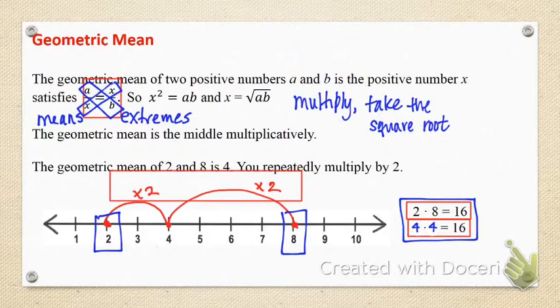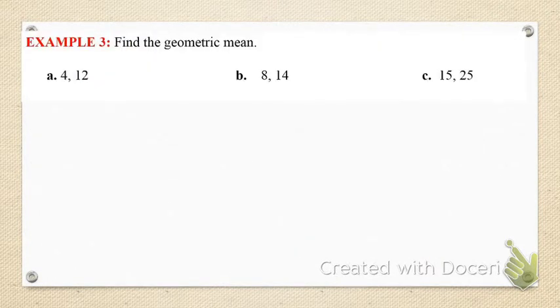And we would say that it's in the middle multiplicatively. This is one of my all-time favorite words, multiplicatively. All right, so what does this have to do with similar triangles in right triangles? Well, we're going to get to that in just a second, but let's practice finding the geometric mean.